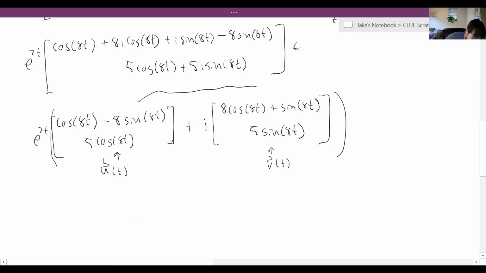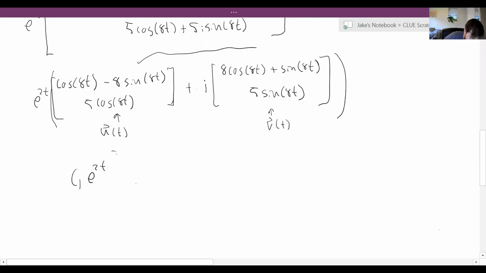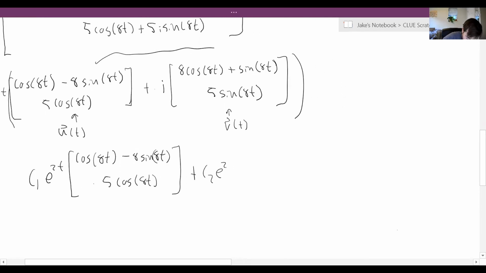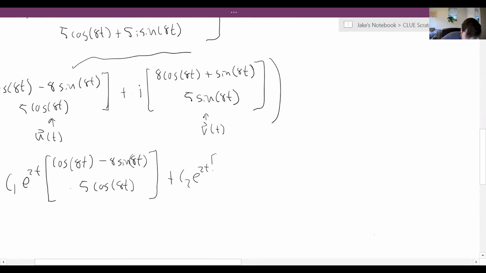So let's bring this all together. We've got e to the 2t times, remember, we want a linear combination of these two things. So I'm just gonna write it like this. We've got c1 e to the 2t times cosine 8t minus 8 sine 8t, 5 cosine 8t, plus c2 times, remember we need our e to the 2t here still because this was getting distributed over everything, times our v of t, which happens to be this vector function here.